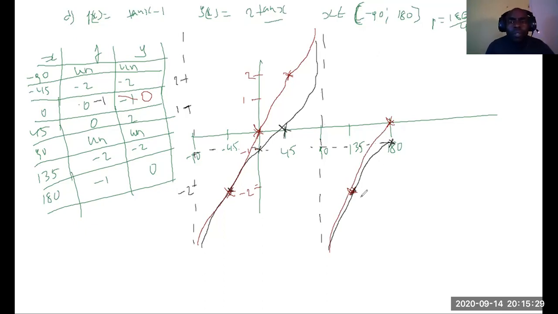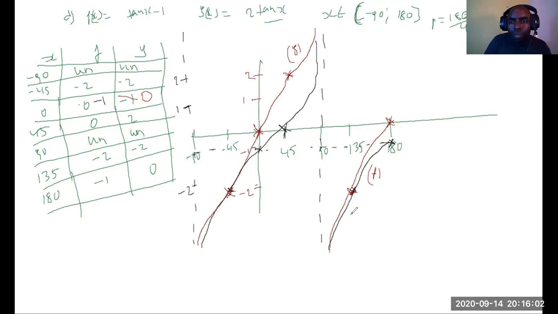Yeah, this one is our G. This one was our F. Not the beautiful graphs, but this one has been stretched, and the other one has been shifted 1 unit down. That's how we are looking.